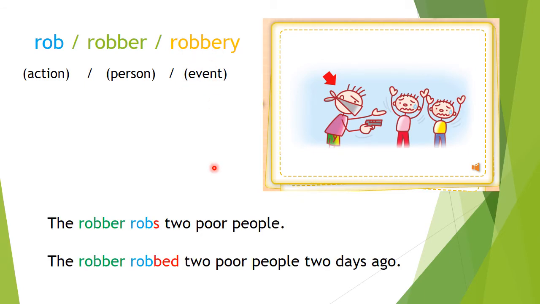For example, the robber robs two poor people. Okay, this is present tense. But usually when we report a crime, it is in past tense. So perhaps we can say, the robber robbed two poor people 2 days ago.